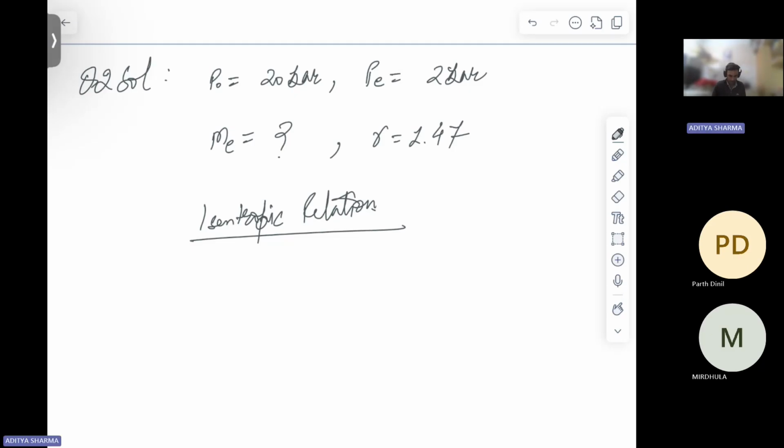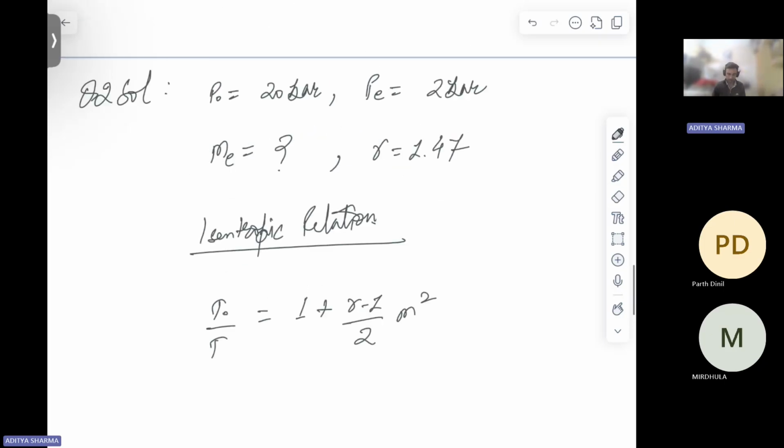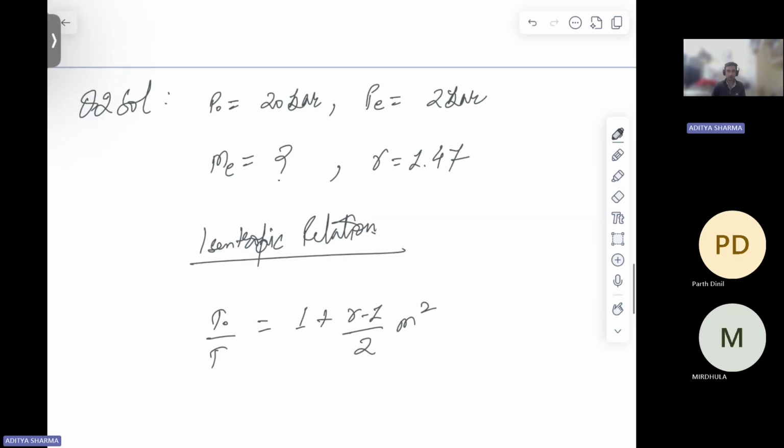T naught by T is equal to 1 plus gamma minus 1 by 2 M square. But here T naught by T is not given. Pressures we have been given here.